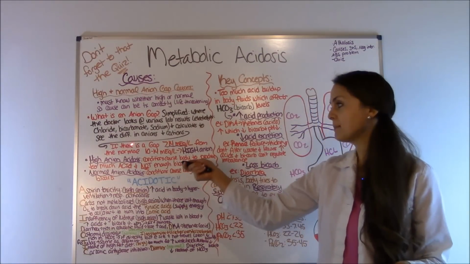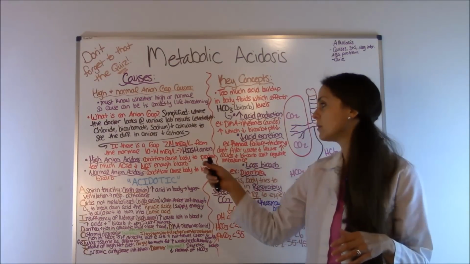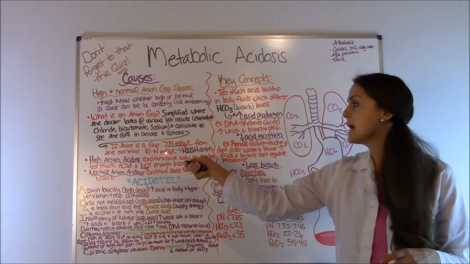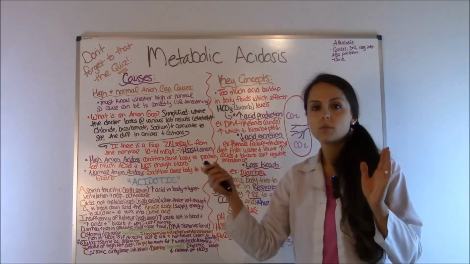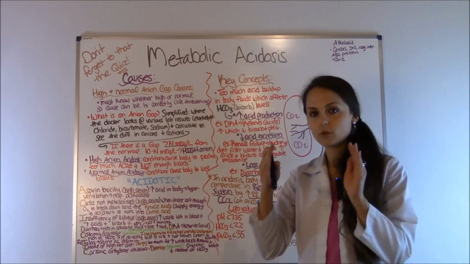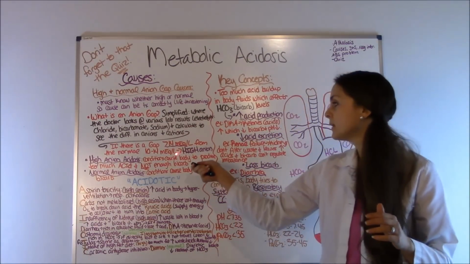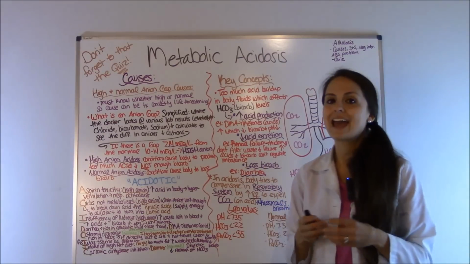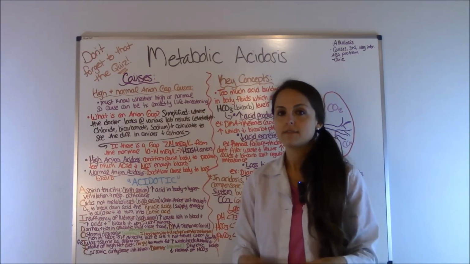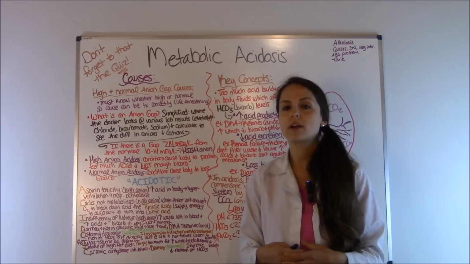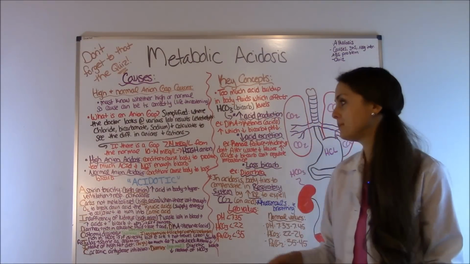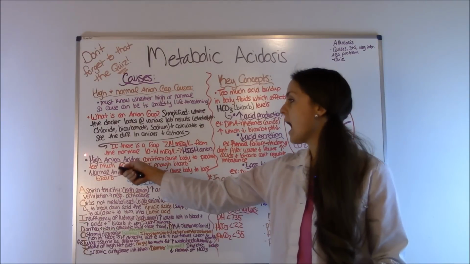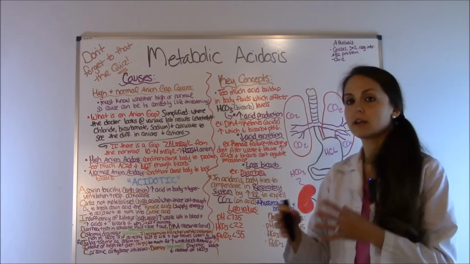A normal anion gap is 10 to 14 milliequivalents per liter. So if they calculate it and get a value greater than 14 milliequivalents per liter, it's a high anion gap. So high anion gap acidosis, what conditions cause it?